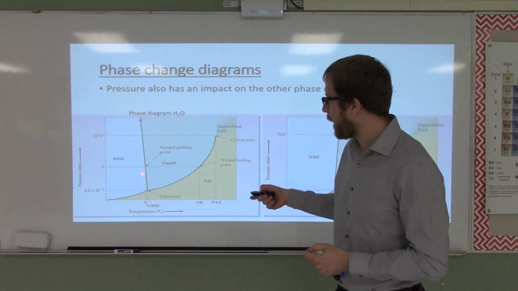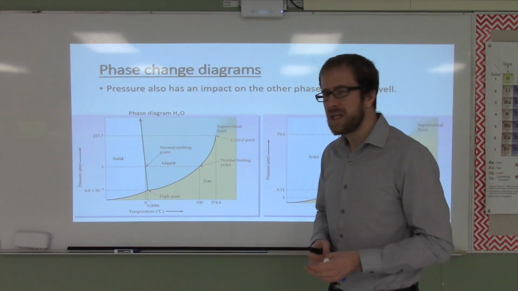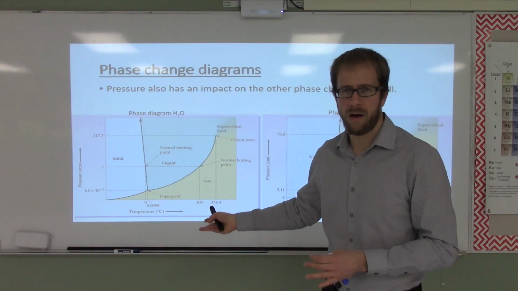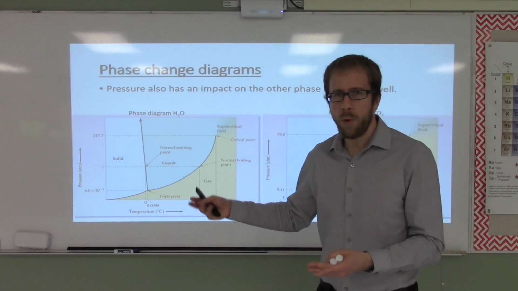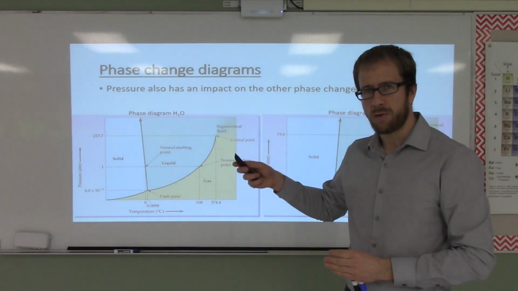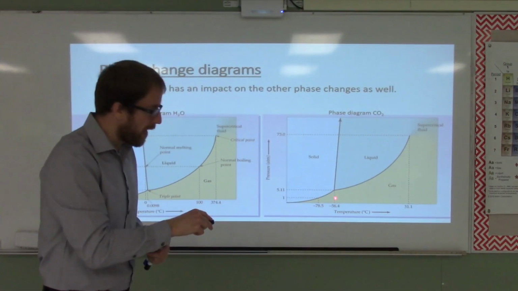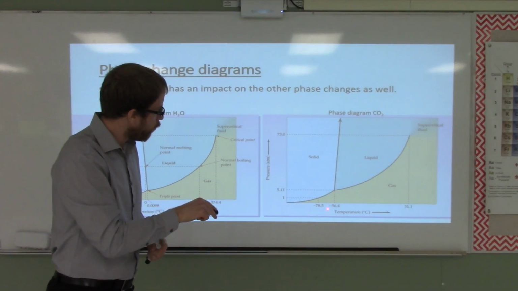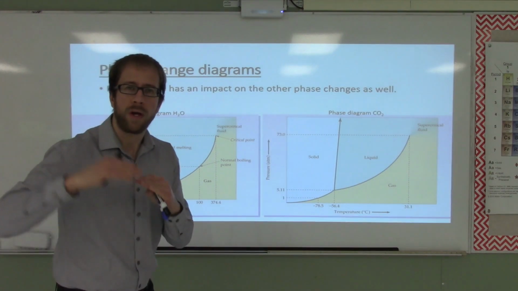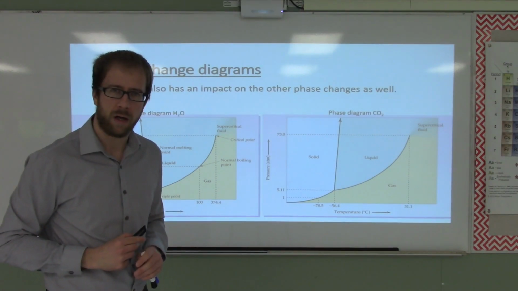Well, you can see that as we increase pressure, the line goes this way, which means that we are going to favor the liquid phase. Huh. Why is that? Why would our freezing point go down as we increase pressure? If we look at carbon dioxide, on the other hand, as we increase pressure here, we notice that it favors the solid phase. Our freezing point increases as we increase pressure on carbon dioxide.